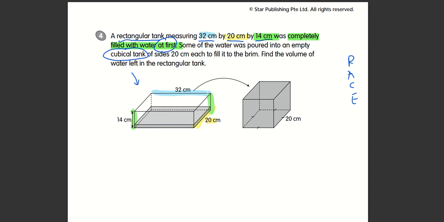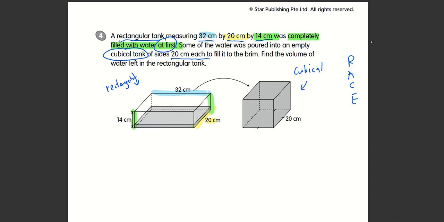Can you find a cubical tank? What does it mean by cubical tank? That means if that's the rectangular tank, it looks like the cuboid, rectangular. And it's cubical, that means it looks like a cube, with sides 20 centimeter each.